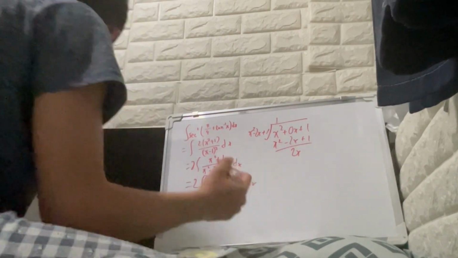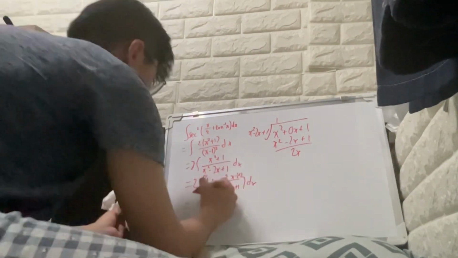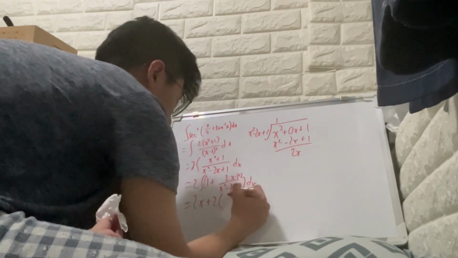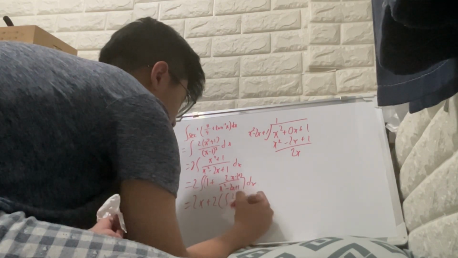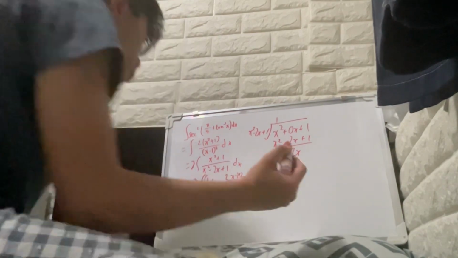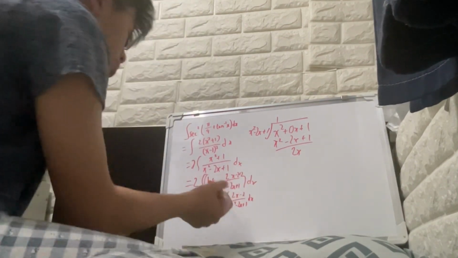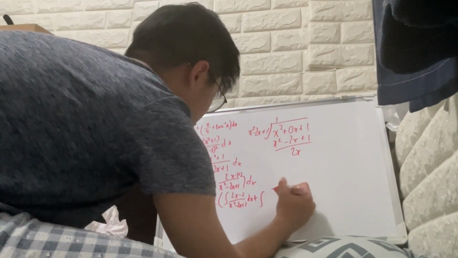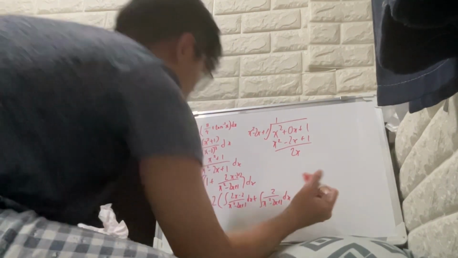Also, let me just finish the integral right here, just 2x, and then plus 2 multiplied by the integral of 2x minus 2 over x squared minus 2x plus 1 dx, and then plus the integral of 2 over x squared minus 2x plus 1 dx.